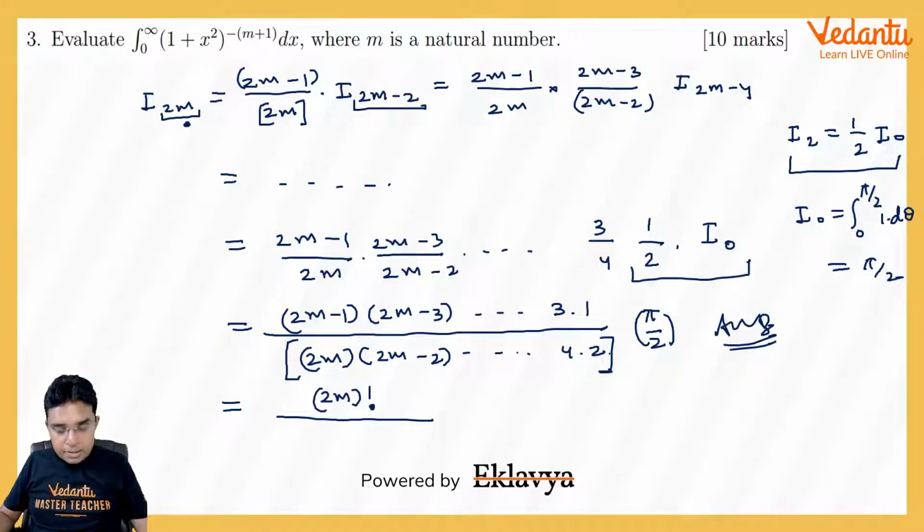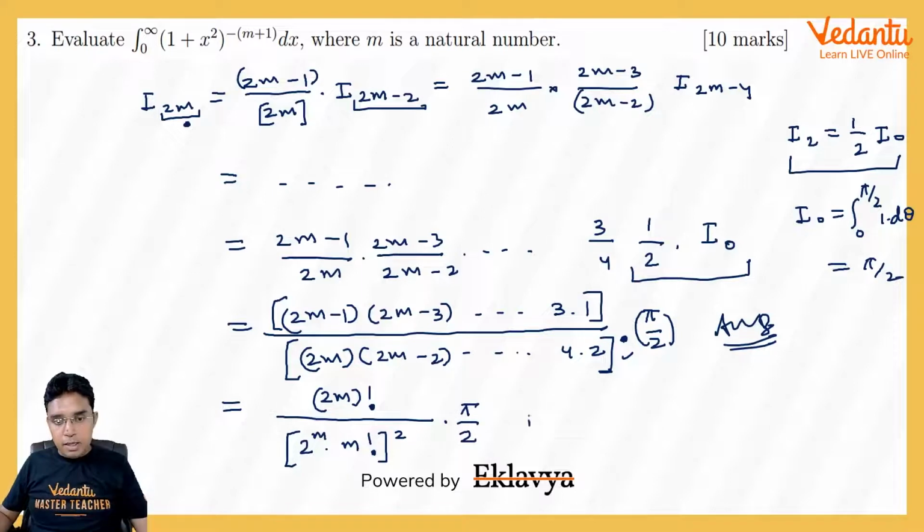And this thing in the denominator can be written, taking 2 power m common, as m factorial and then squared, because I have multiplied and divided by this thing to make the numerator 2m factorial. It can be checked. For that I have to do the squaring of this thing, and if I take 2 common from all the terms which are m in number, there is 2 power m outside, and it will be m factorial whole square here into pi by 2. So that will be the answer of this question in other form if you want to write.